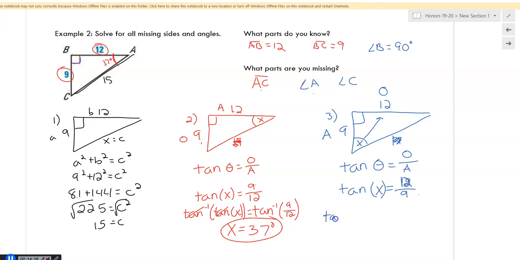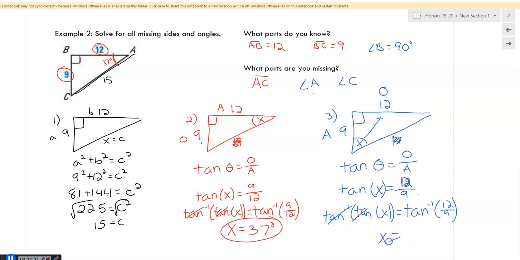So again, we're going to take the inverse tangent of the tangent of x, and we'll do the inverse tangent of 12 over 9. Tangents cancel.